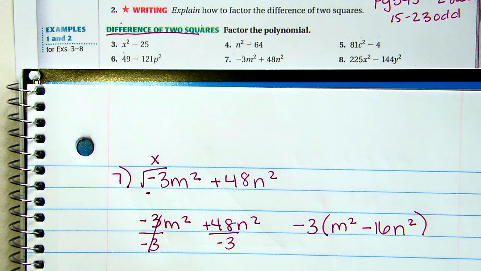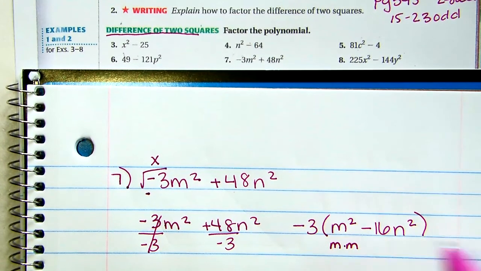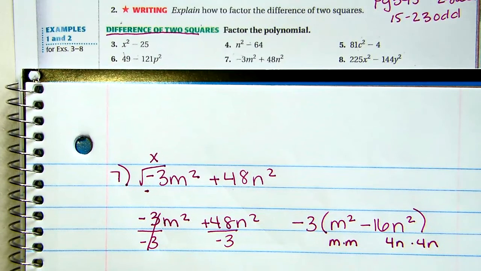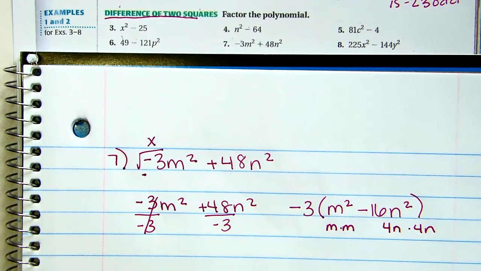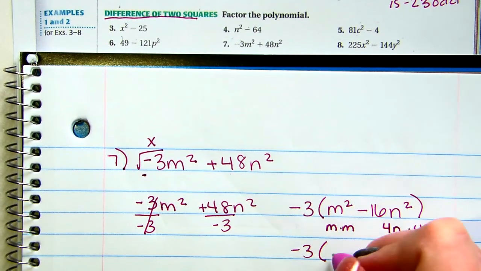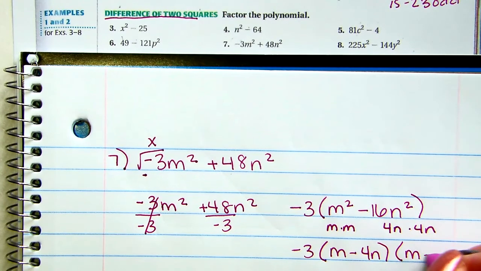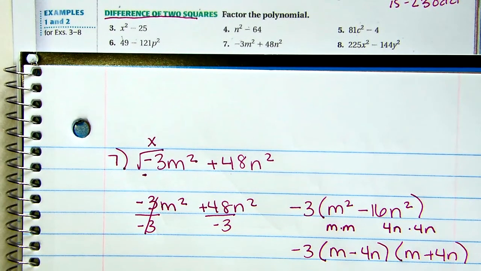Now we are going to find the square root of m squared, and that's m. The square root of 16n squared would be 4n. So putting this together, we would have -3 parentheses m minus 4n and m plus 4n. This would end up being our final answer.